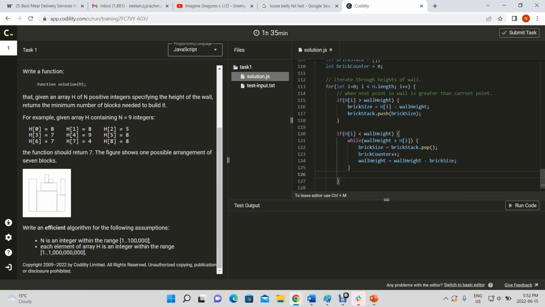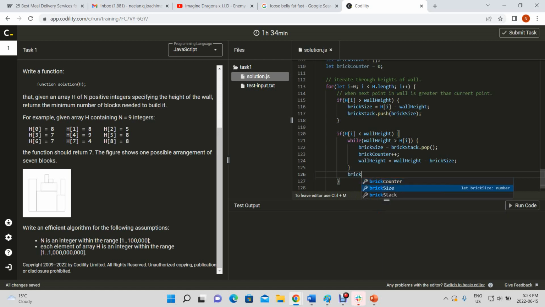All right, and also remember there's a scenario in which we would have to re-add a brick, in the case that the bricks were removed and the wall height is actually less than the height specified at that point, or h of I. We have to get a new brick, in order to re-add it.